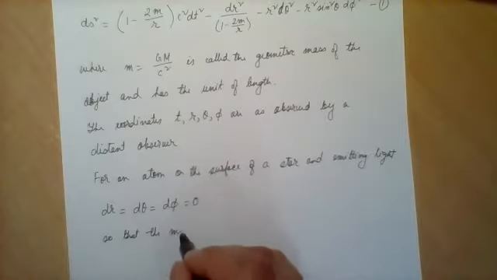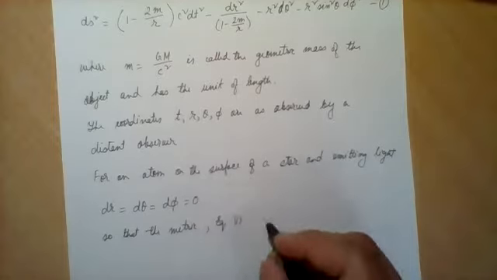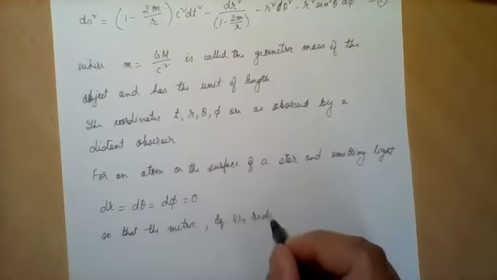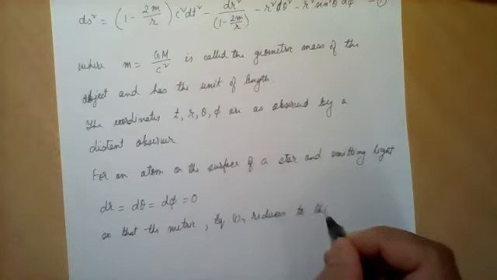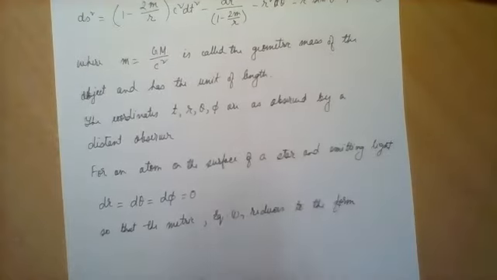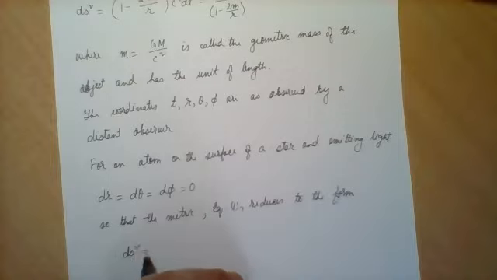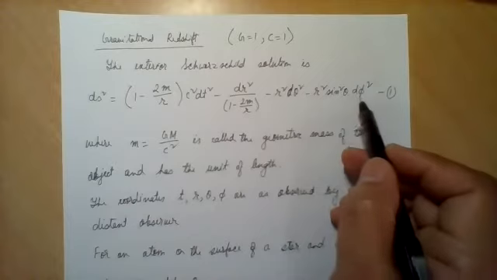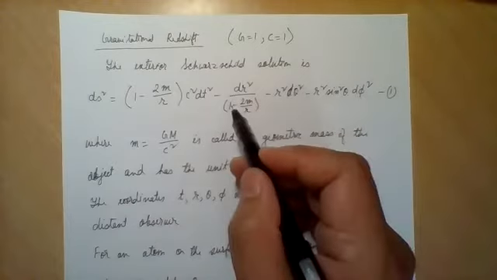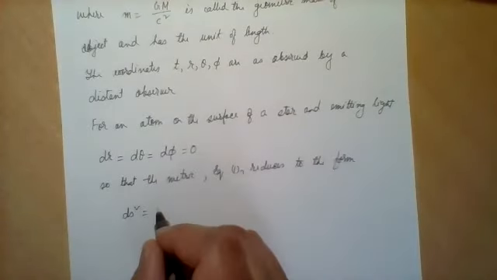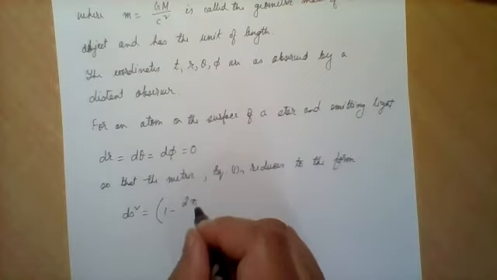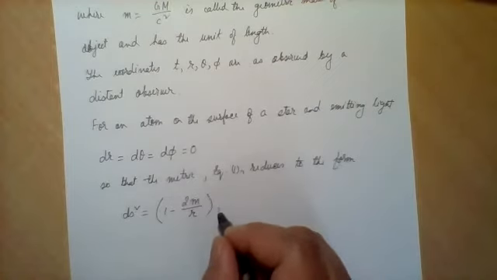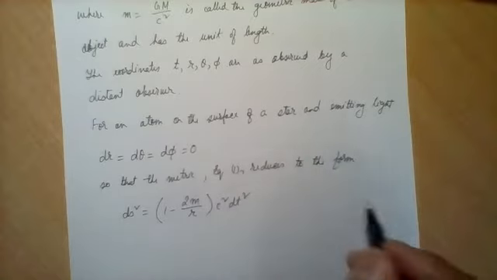So the metric given by equation 1 reduces to the form: ds square equal to, so dr is equal to 0, d theta is equal to 0, d phi is equal to 0. So these three terms won't be there, only the first term would be there. So ds square is equal to (1 minus 2m by r) c square dt square.